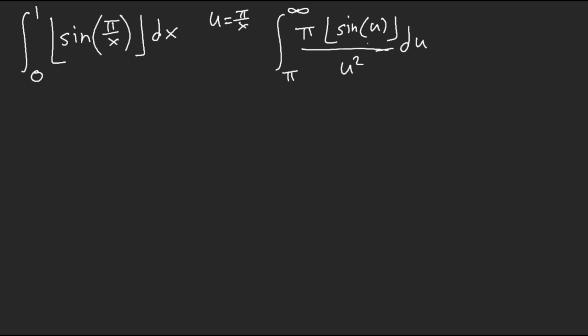Here we don't know. So sine of u, well, within integration, it can only equal 0 or -1. Right. So if we draw a unit circle, okay, sine of u goes from the y-axis.